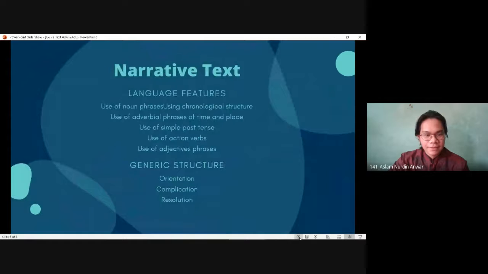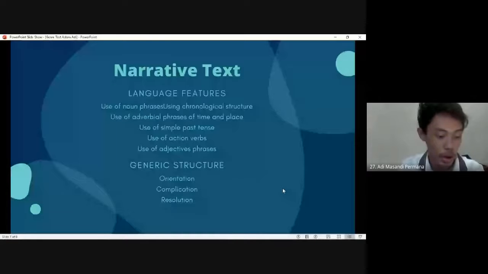And the language features is use of noun phrases and using chronological structure and use of adverbial phrases of time and place and use of simple past tense and use of action verbs, and the last is use of adjective phrase.